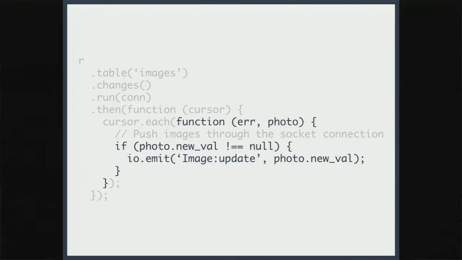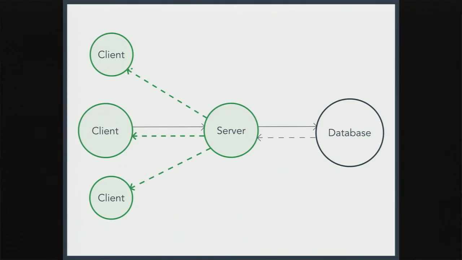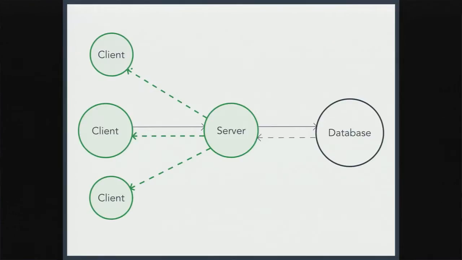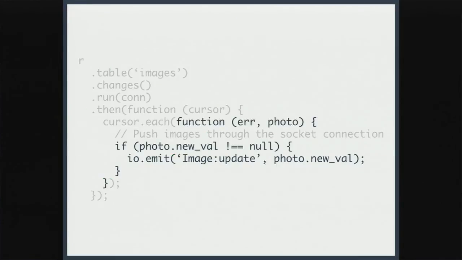Now, what's the last step in this process? The client now needs to receive that new image and render it. So the client establishes a socket connection to the server, localhost 8000, but it could be any address, obviously. As you can see, the name of that event, image update, is the same as this event right here.